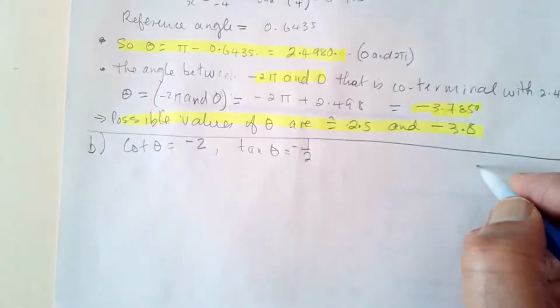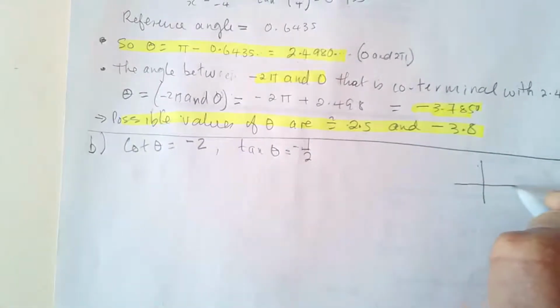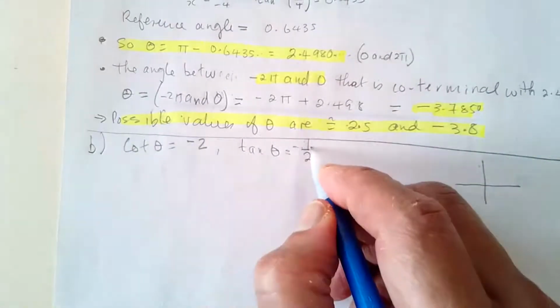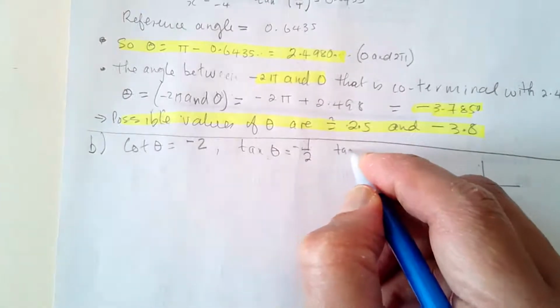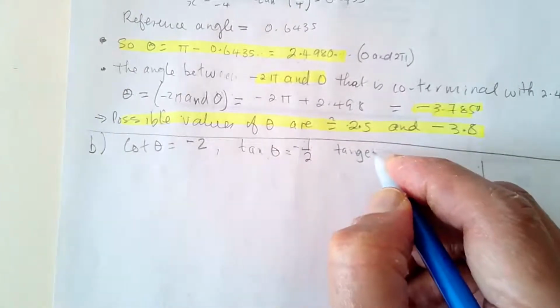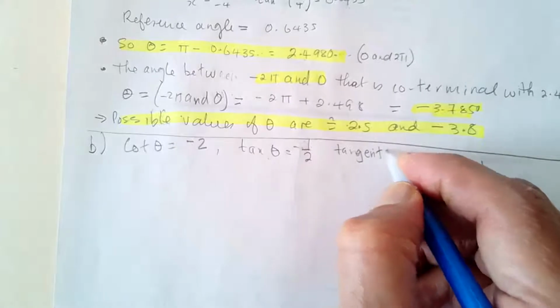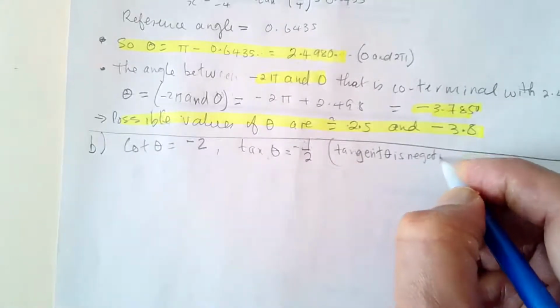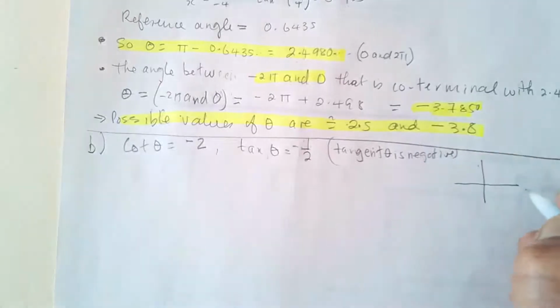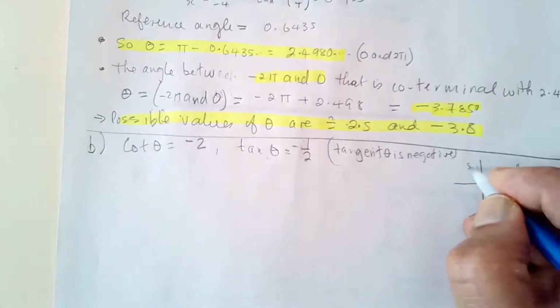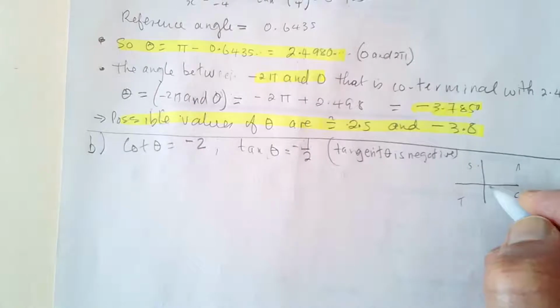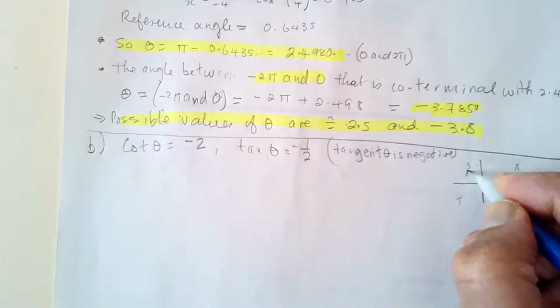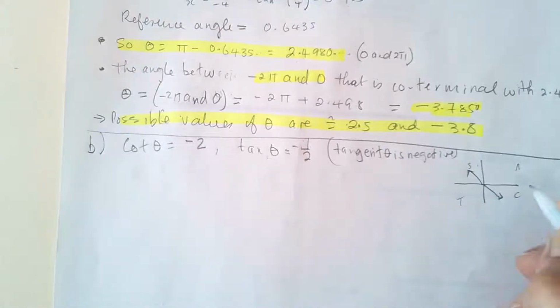So if we were to do quadrant here, where tangent is negative, right? So tangent theta is negative. Remember the CAST rule. Tangent is negative in these two quadrants.